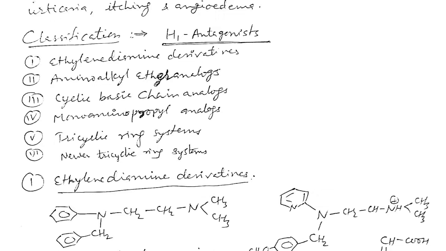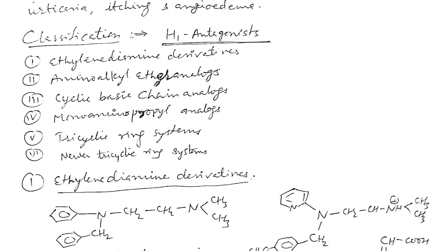Fifth class is the tricyclic ring system, where three cyclic rings are fused together, and these compounds are classified under tricyclic ring systems. The sixth is the newer tricyclic ring system, some new drugs having tricyclic ring systems, which we will discuss in this category.